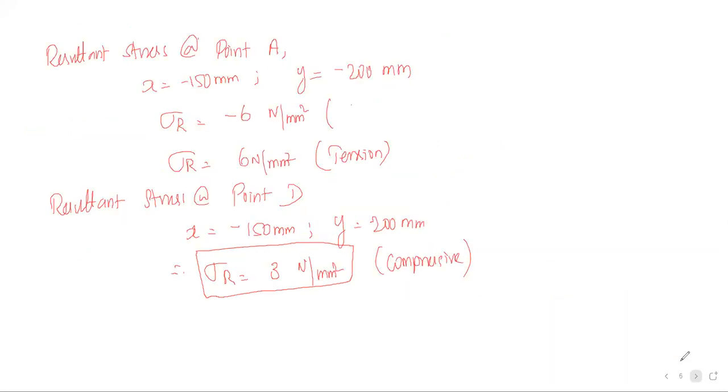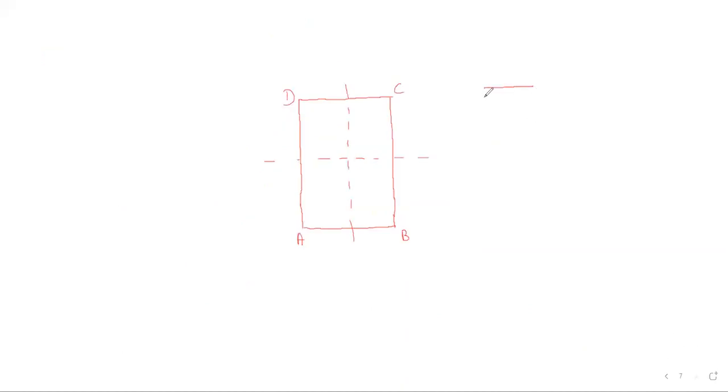Both are positive. From the neutral line, here it is 12 Newton per mm square, both stresses are compressive, and here 3 Newton per mm square. So this is the stress distribution on one side.